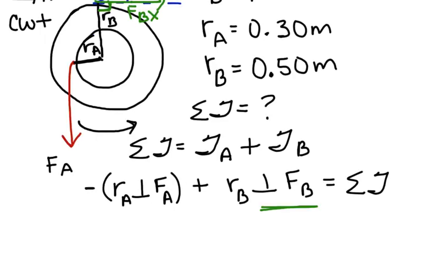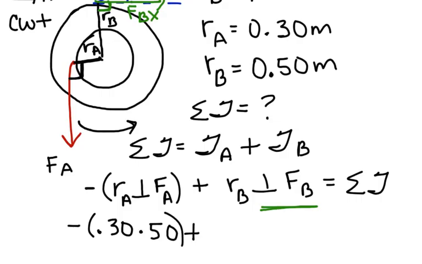Let's start plugging in some numbers. R sub A is 0.3 meters. F sub A, which is perpendicular to R sub A, looking back up at the drawing, we're just going to multiply that by F sub A, which was 50 newtons.